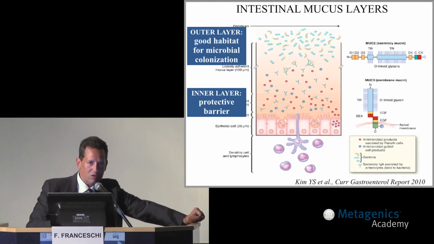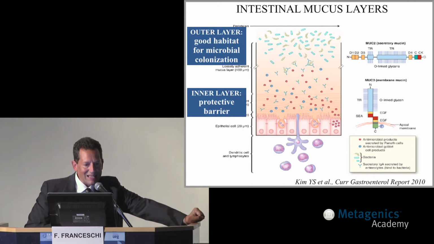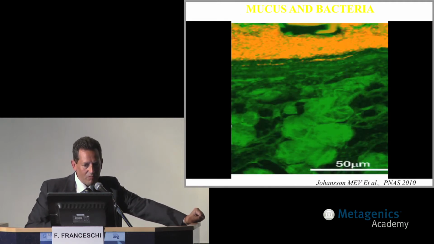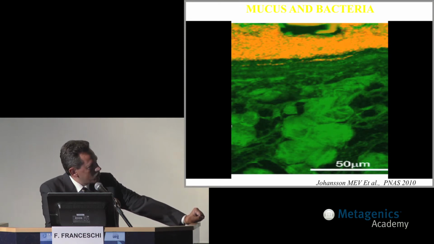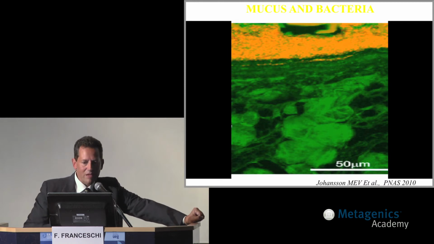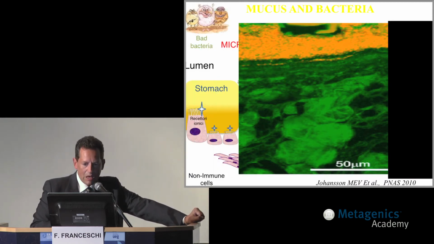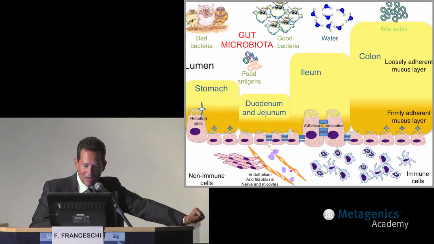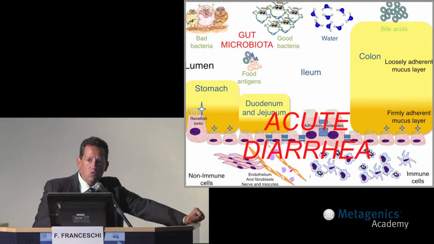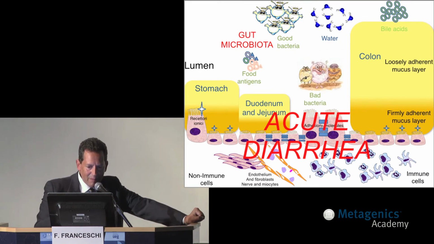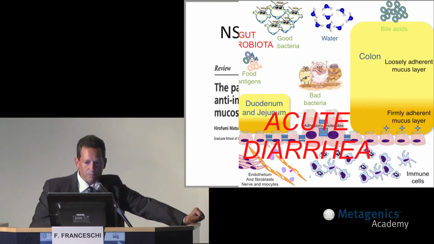And mucus is important to keep bacteria away from the epithelial cells. As you can see here from these slides, we have bacteria very far from the mucosa because of the action of the mucus. When we have impairment of the mucus, we have bacteria coming in contact with the enterocytes, causing diarrhea and pain.